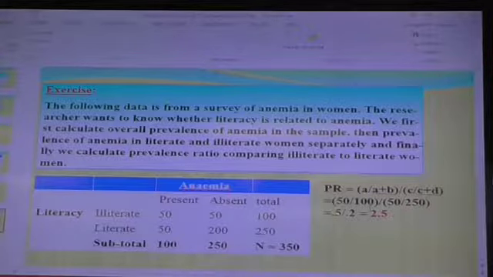You can say that, but try to use the number, because that range is so wide, it obscures. 2.5 is the prevalence of anemic women due to illiteracy. Risk ratio, also prevalence ratio. But how do you put it in plain English? Don't complicate it, so that anybody can understand.